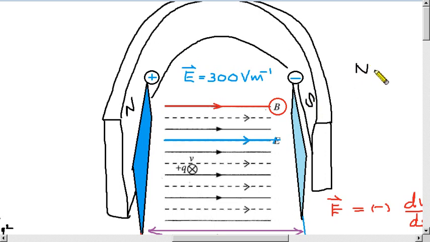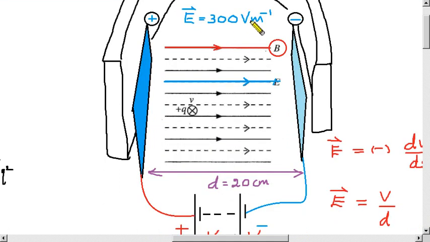So from N to S, the magnetic flux is directed like this. So you can receive this field if you arrange a magnet like this. But the problem is you can't find out the value of B, 1 Tesla. They said the strength is 1 Tesla.